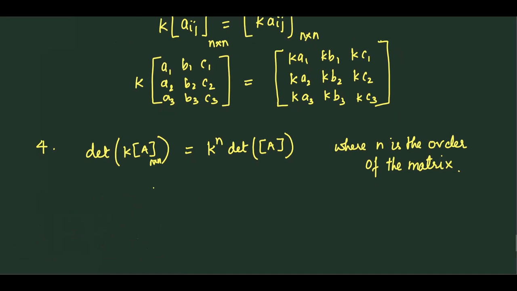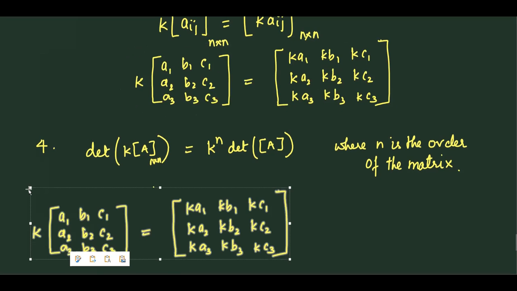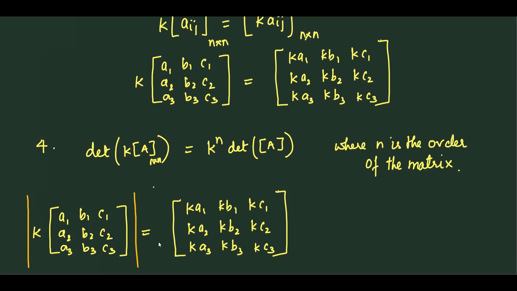I'll take this whole matrix, and now I want to find the determinant of this. So the determinant of K times this matrix, all right, will be the determinant of this.